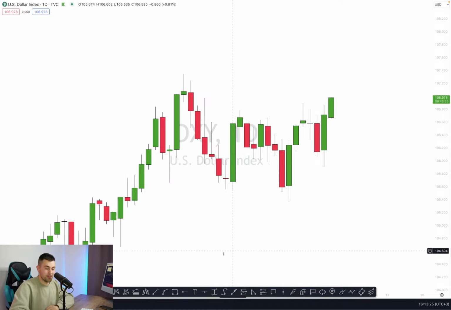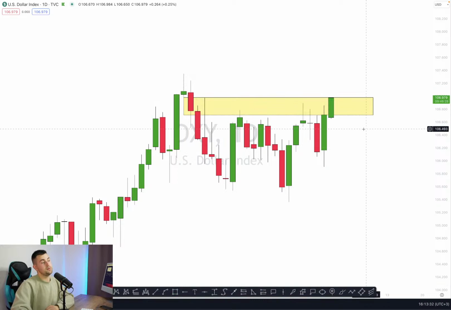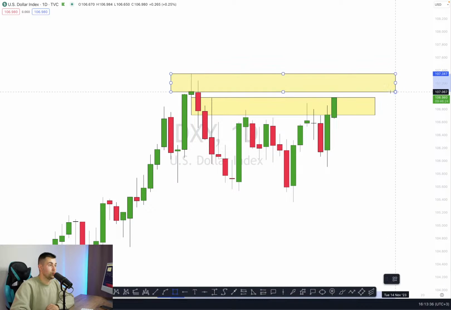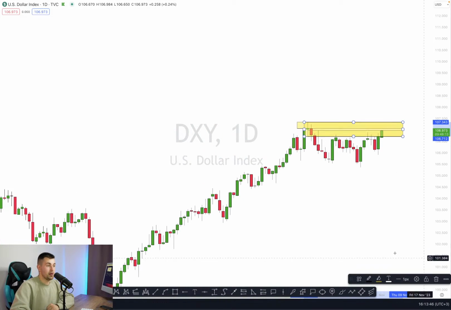index is growing. And you can see that currently we are testing that very important resistance. And a bit higher over here, we have one more very important resistance. So actually on dollar index, we have a huge zone of supply that the market is testing at the moment.